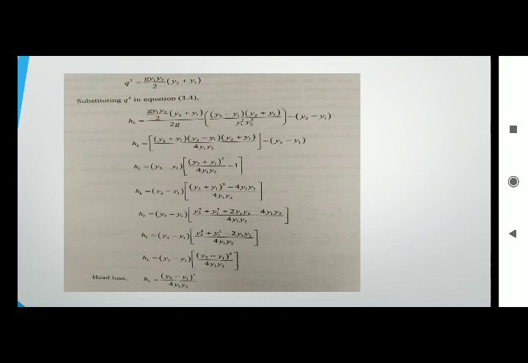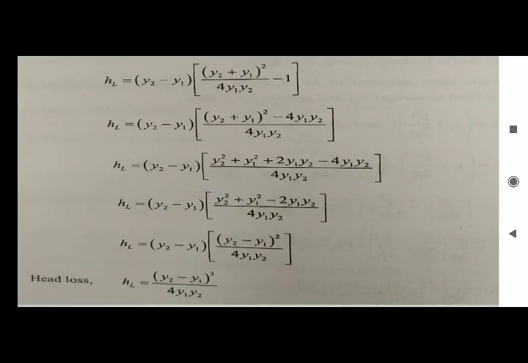Substituting that, the final head loss is equal to (y2 minus y1) the whole cube divided by 4 into y1 y2. From an exam or objective questions point of view, the final equation itself is enough. So head loss is equal to (y2 minus y1) the whole cube divided by 4 y1 y2.